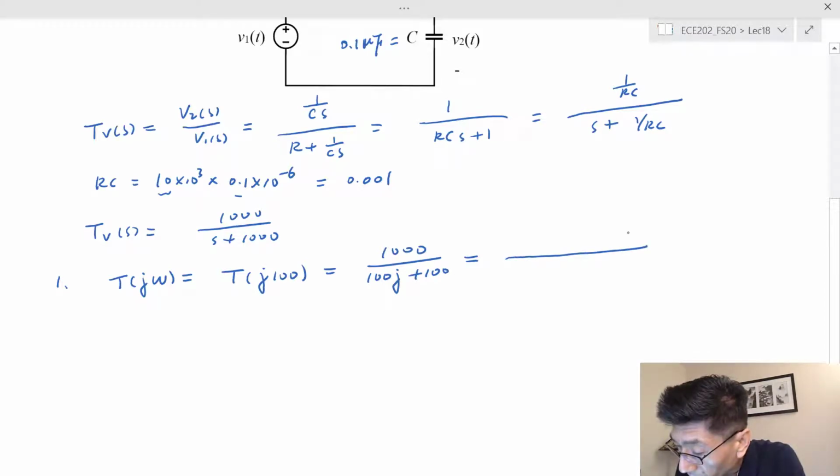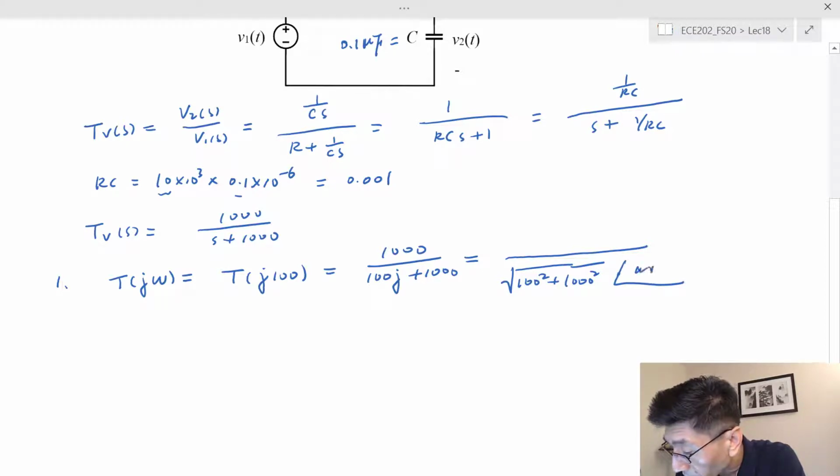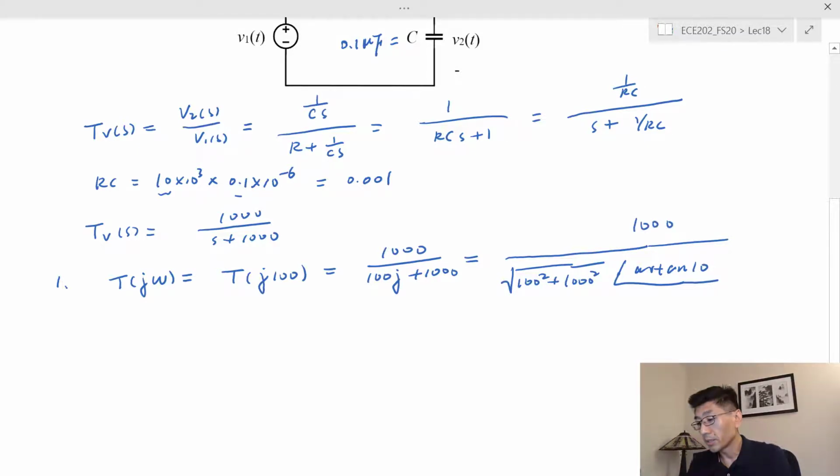The denominator magnitude is the square root of 100 squared plus 1,000 squared, and the angle is arctangent of 1,000 divided by 100, which is arctangent 10. The numerator is 1,000. You can calculate these.